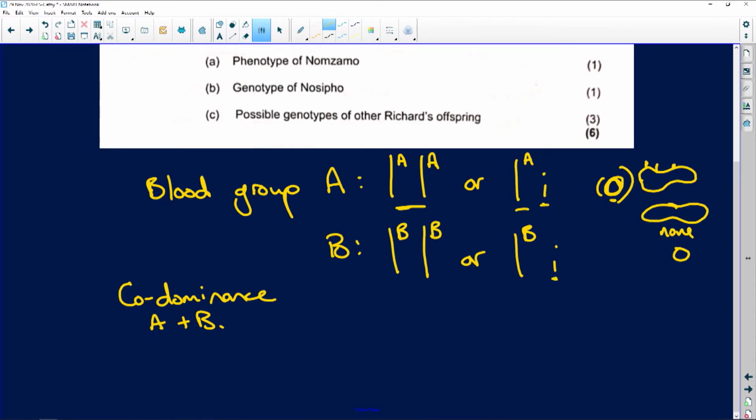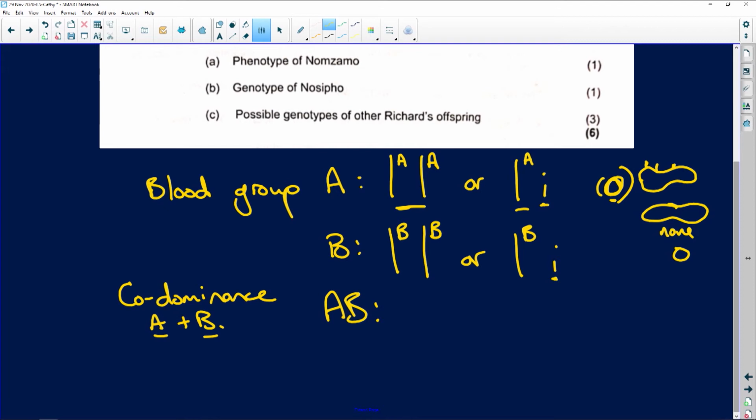So in the case of the rats, you'd have a black rat and a white rat, and when they mate, you end up with a black rat with white spots or a white rat with black spots. Both of them dominate equally. There's not one that dominates more than the other. So with co-dominance between A and B, we have blood group AB, which gives us our fourth blood group.